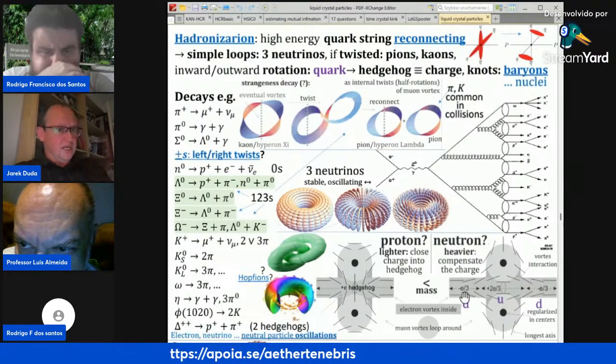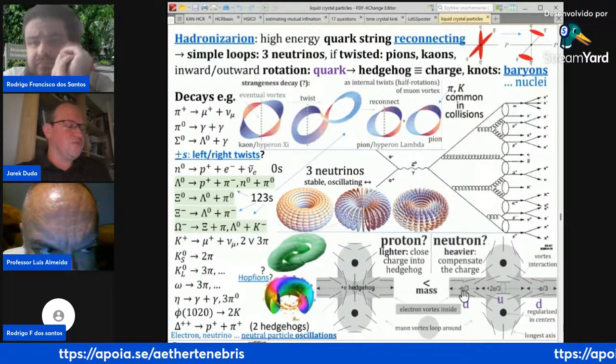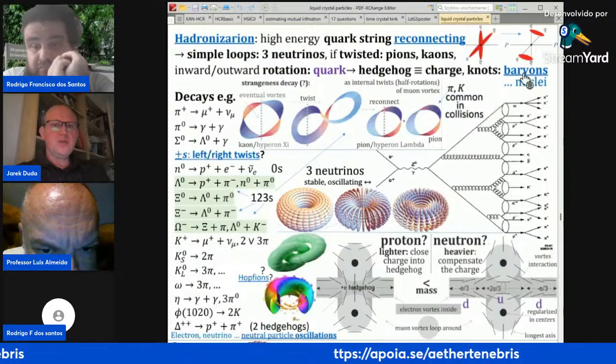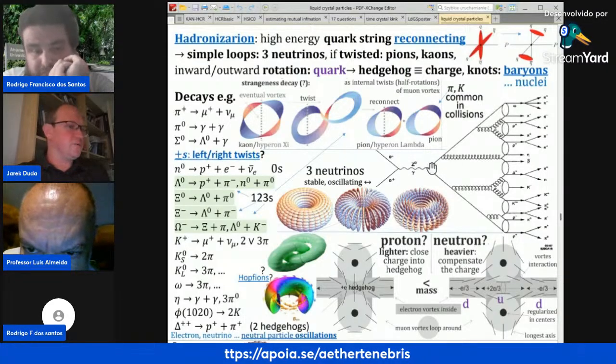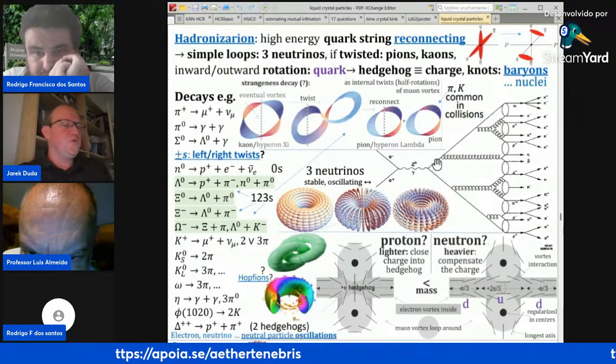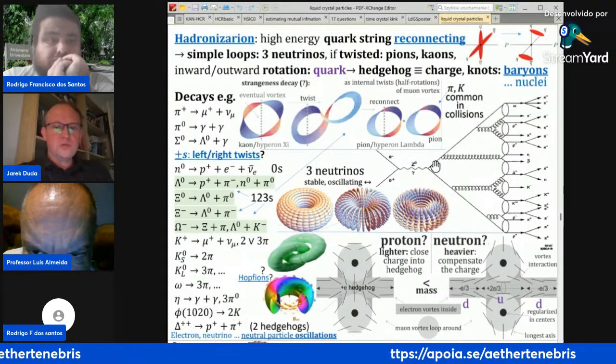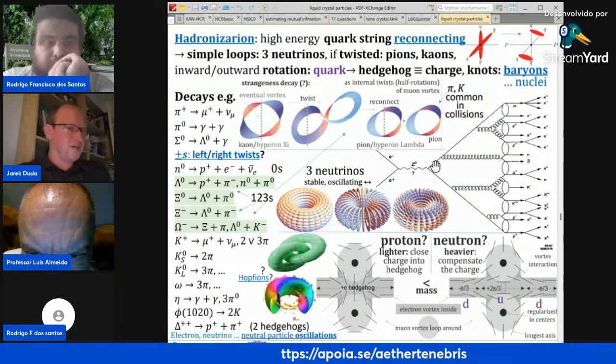So to understand which particle corresponds to which configuration, we should just take a look at what they see in LHC collisions and what a topological vortex can decay into. Because quark strings, from a non-perturbative view, are topological vortices. So let's think about what a topological vortex can decay into.